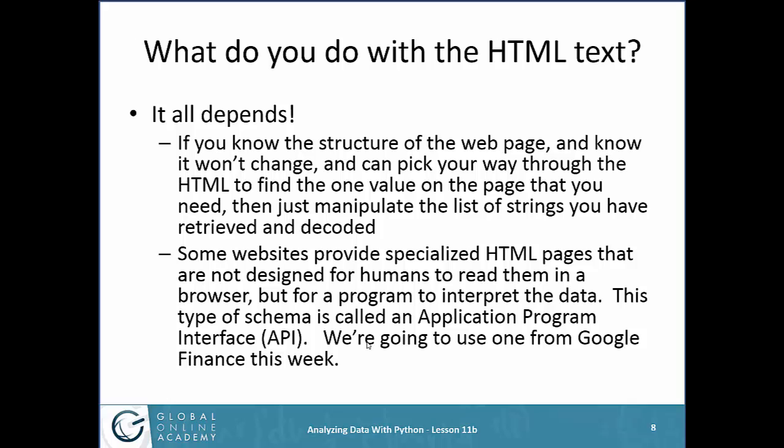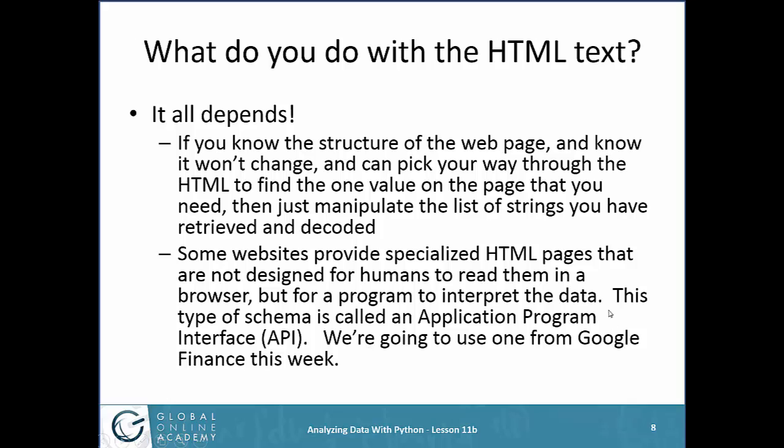And you happen to know exactly how the 20 websites you're going to look at store that information. You could just pick through all of those strings and find what you needed. Then just manipulate the list of strings you've received and decoded like you would any other set of strings in Python. Really tough. And people change their websites without asking your permission. And your program that worked today might not work tomorrow.